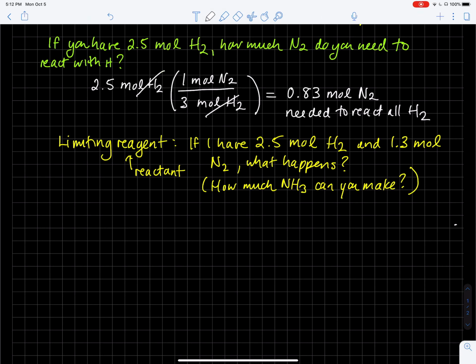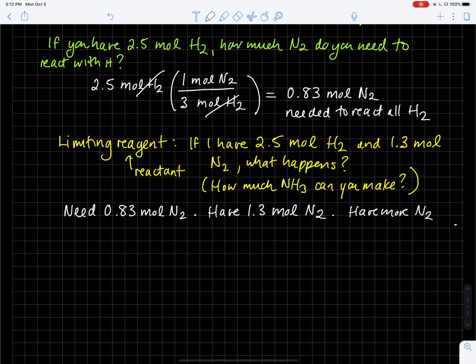So I would describe the problem this way. We need 0.83 mole N2. We have 1.3 mole N2. So we have more N2 than we need. And we have a term for that, which is excess. So we have excess N2.